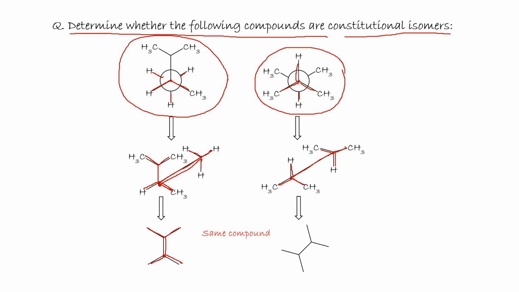So the structure would be carbon carrying 2 CH3 and carbon in the back carrying 2 CH3. The compound is 2,3-dimethylbutane. Oh, they are the same compound. It is one compound with different ways of drawing.